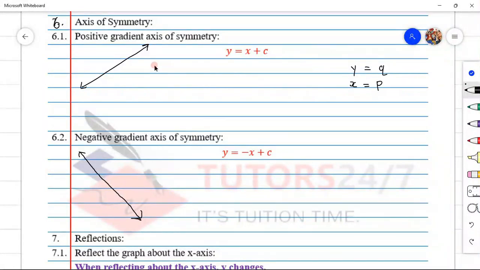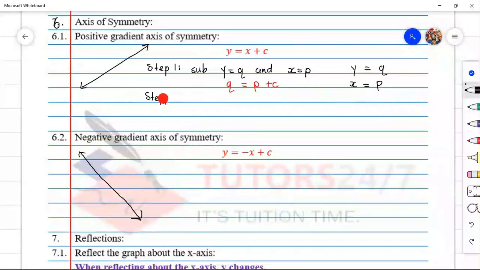So step 1, substitute y as q and x as p. So once we've substituted them, we'd end up with q equals p plus c.